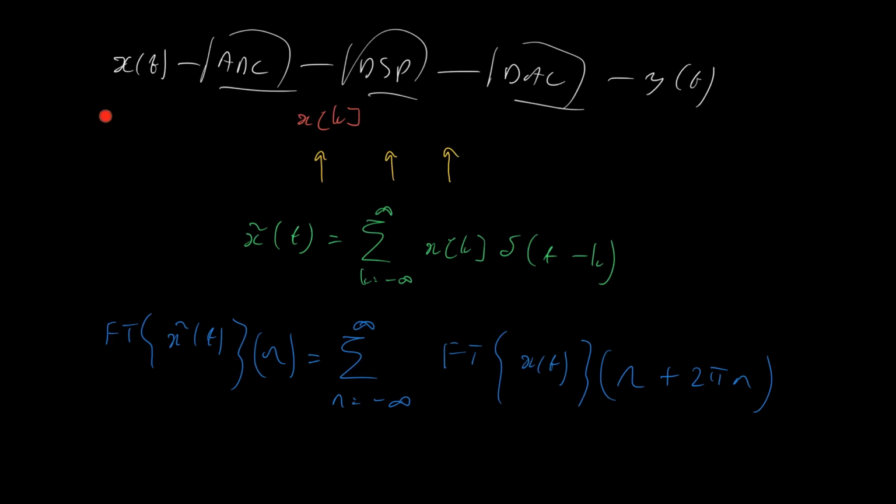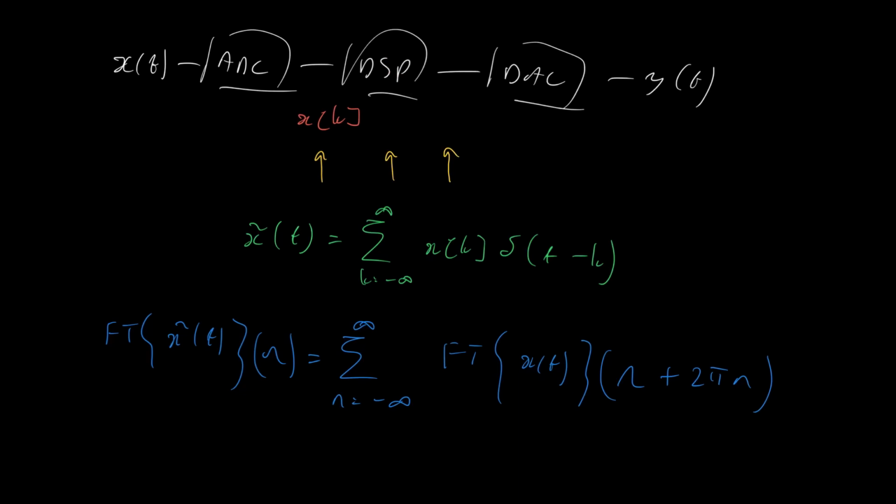However, we can get rid of those periodic extensions by low-pass filtering when we go through the D to A converter. Thereby, we end up with this very simple story that the frequency domain representation here and here is one and the same thing.